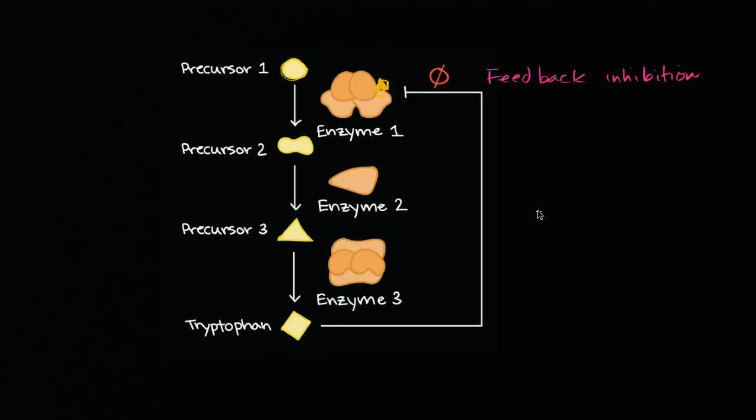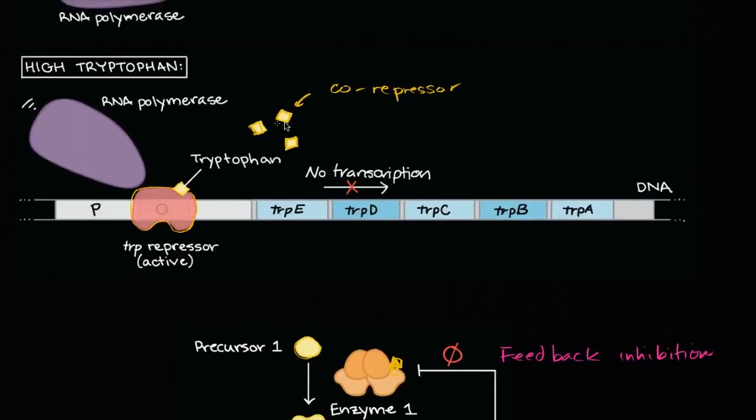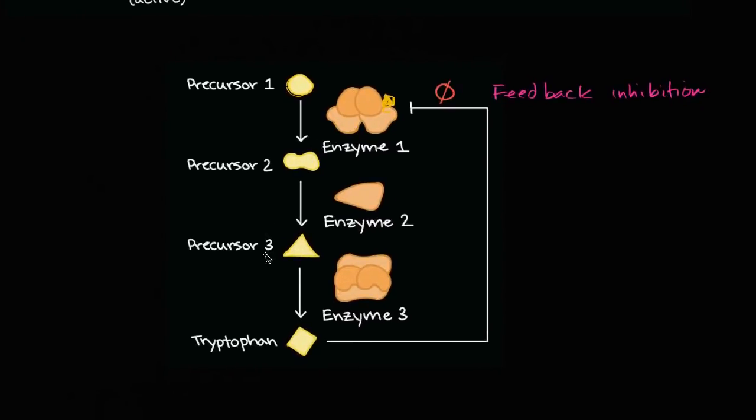But the ones that are most typically talked about are what we just talked about here, where tryptophan acts as a co-repressor of the trp repressor, and also the feedback inhibition, which once again is not really about gene regulation, but you can see how the product of this process can go back and inhibit one of the first enzymes.